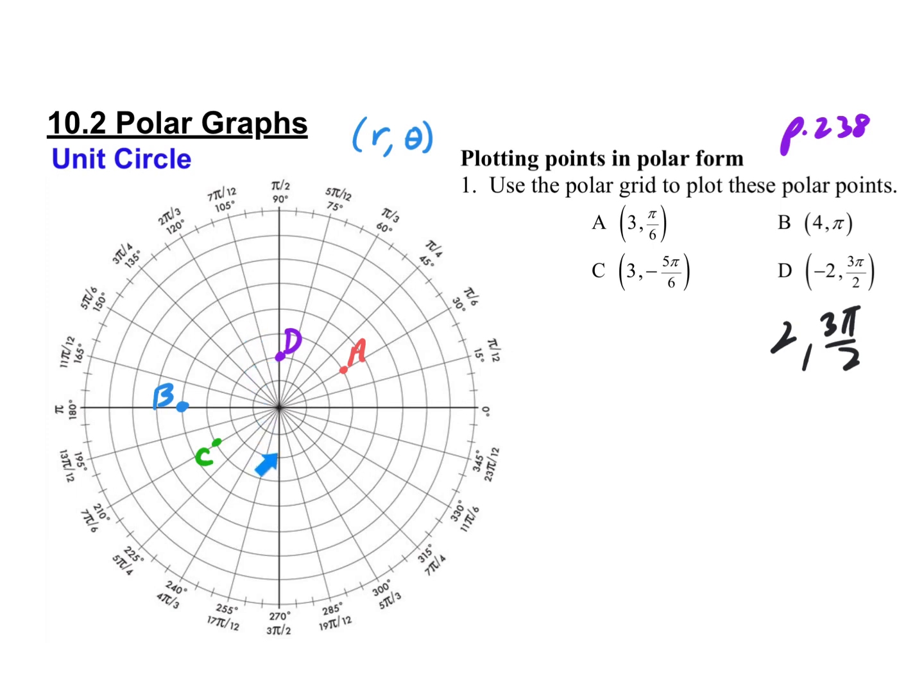That might be the best way to think about it. If it was positive, we'd be here, but since the radius is negative, we just go 180 degrees the other way. We're going to talk about that more in a minute with some other problems. Maybe you didn't remember that, but that's what happens. It sort of flips it. It takes the radius and reflects it. That's kind of the best way. You'll do some of that today.